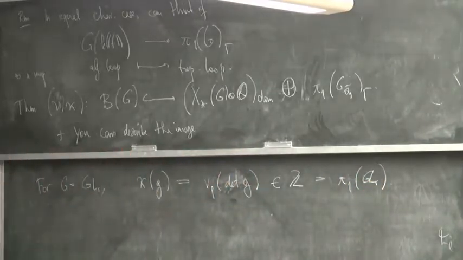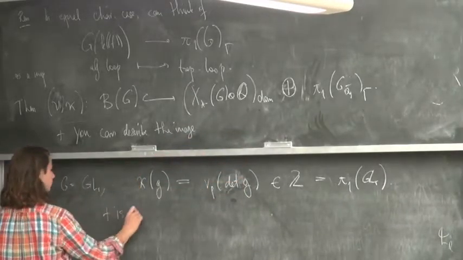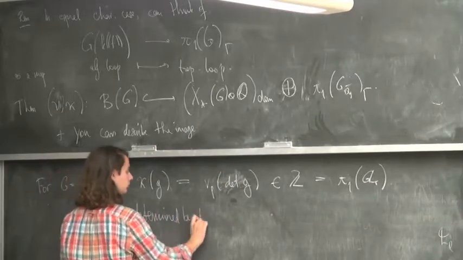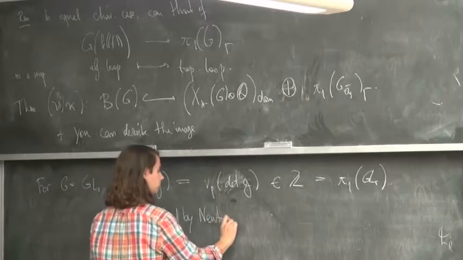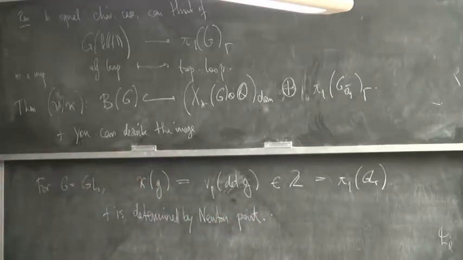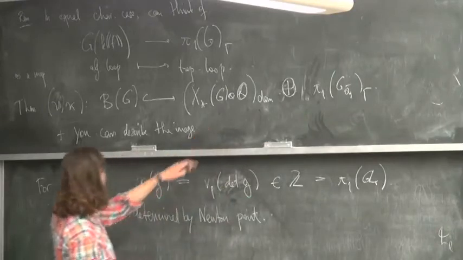And this can be read off from the Newton point. So in general, this kappa just adds some torsion information. So kappa as an element of this group tensor Q is determined by the Newton point.